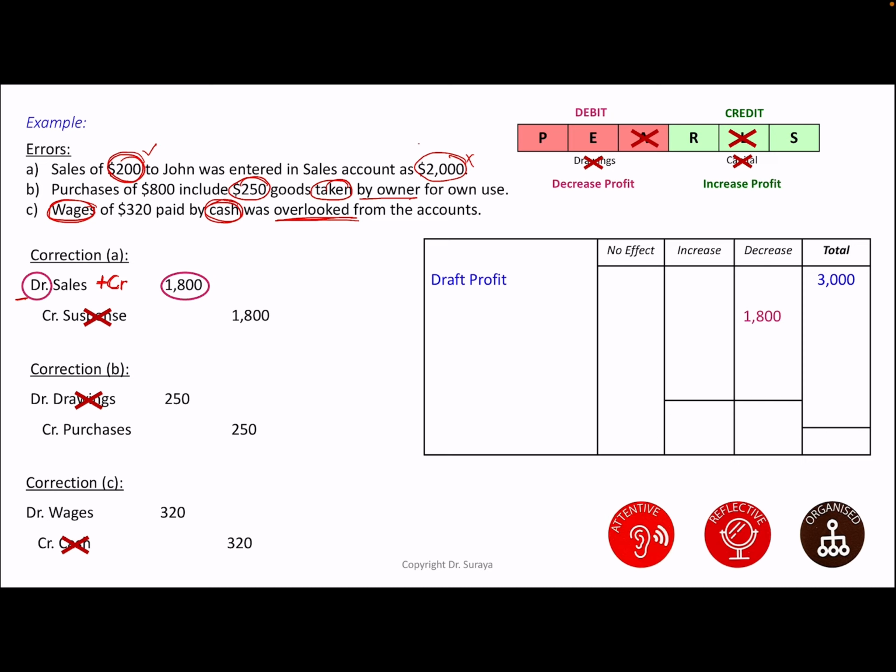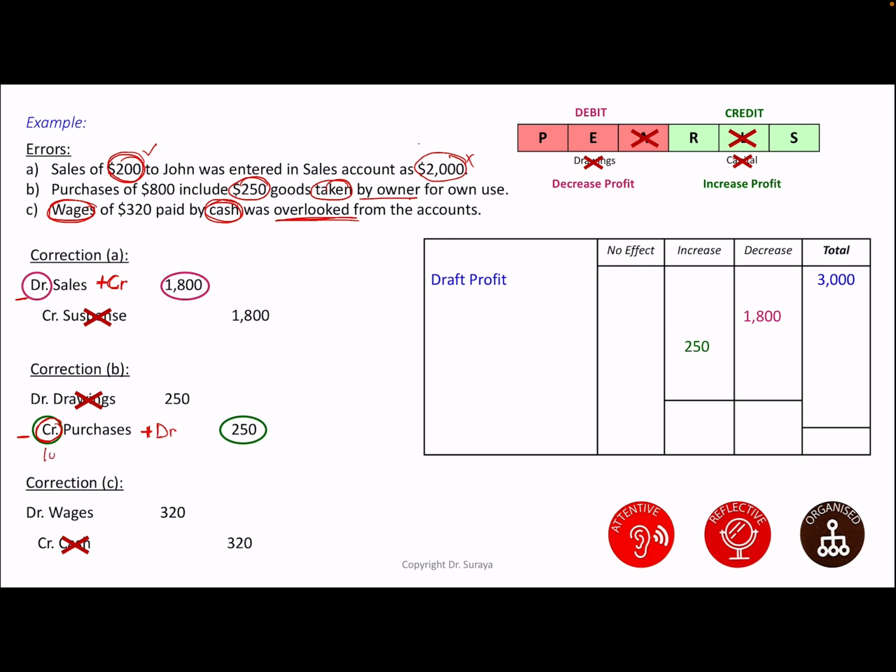Now let's look at B. Purchases, right? If you need to plus them, it is debit. But when it is a credit, it means it's a minus. So purchases are debit, purchases and expense. Now credit purchases means your purchases have become lesser.